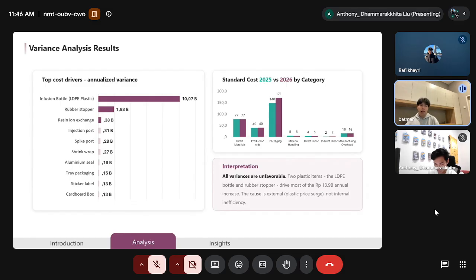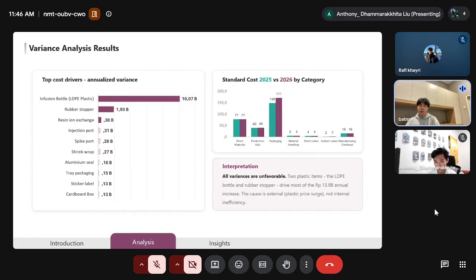The chart on the right compares the standard cost of 2025 against the actual cost of 2026 for each category. In almost every category, the 2026 bar is higher than the 2025 bar. The message is clear.